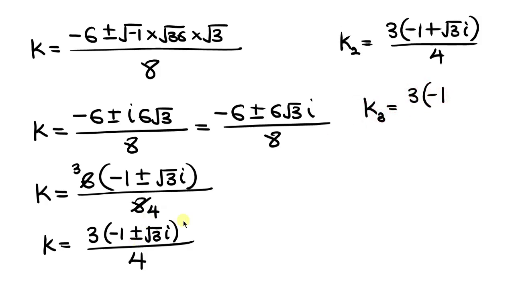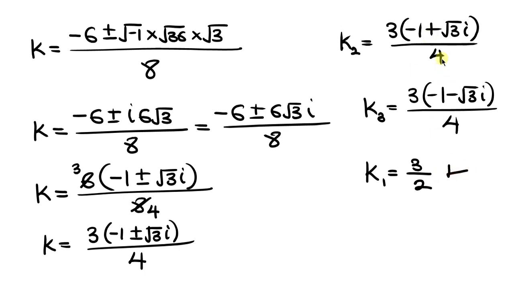Now go with the negative this time, negative square root of 3i all over 4. So there are actually 3 values for k. And remember the first one we've got, which is the first value for k, we've got 3 over 2. And this is the only real solution for k. The others are complex solutions.